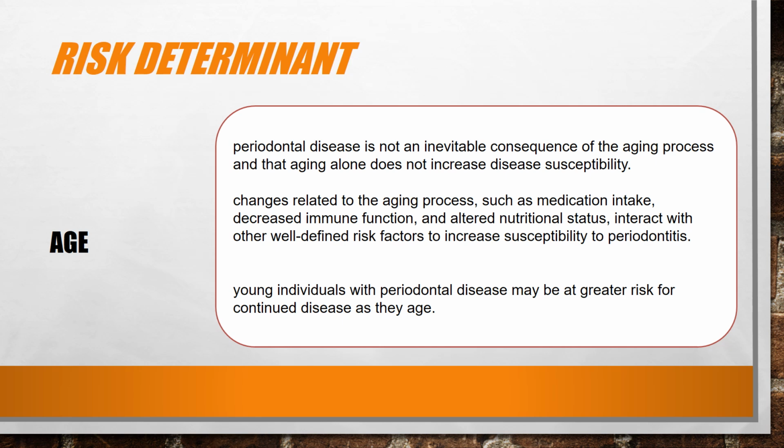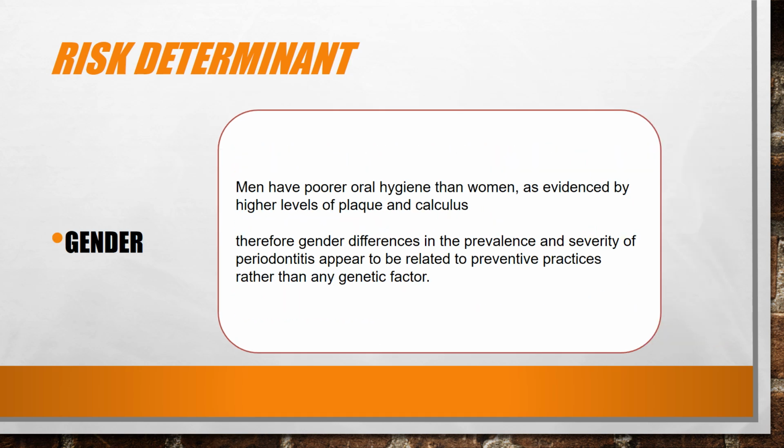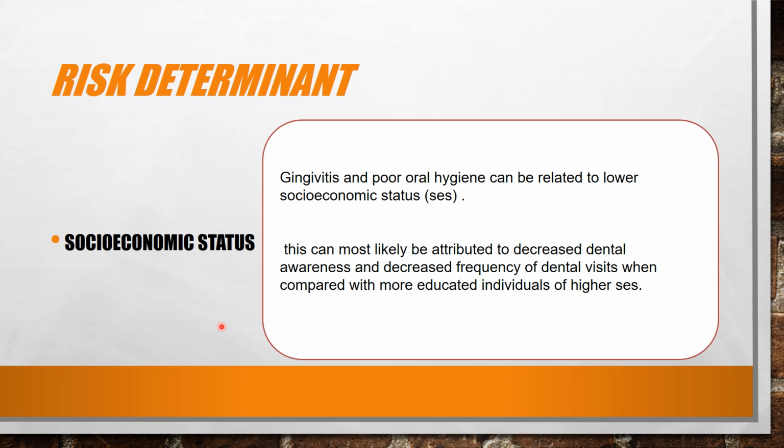Coming to gender, there are no such differences, but we have found that men have poorer oral hygiene than women, as evidenced by higher levels of plaque and calculus. Therefore, gender differences in the prevalence and severity of periodontitis appear to be related to preventive practices rather than any genetic factor. Coming to socio-economic status, gingivitis and poor oral hygiene can be related to lower socio-economic status.